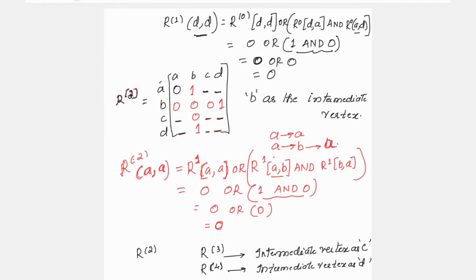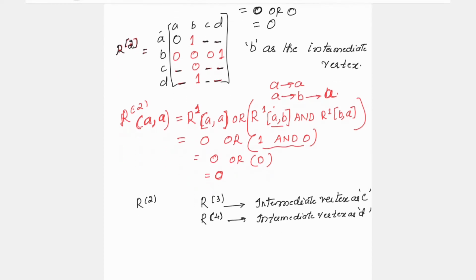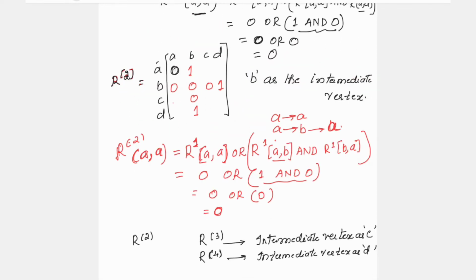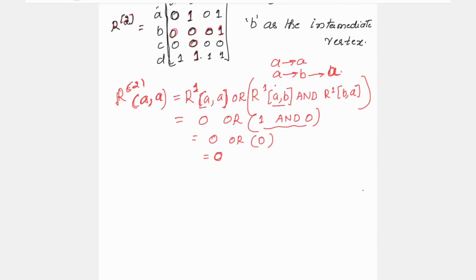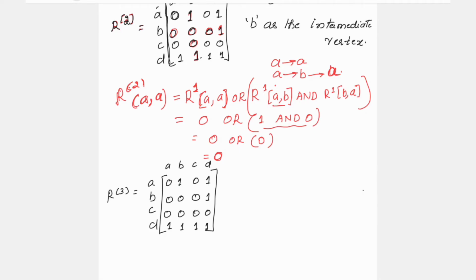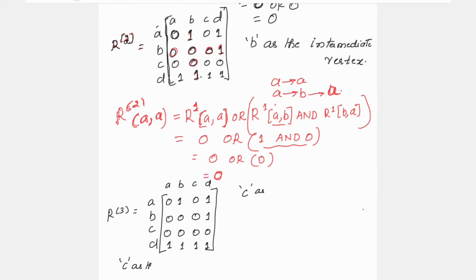Calculate the values by using these formulas. I'll write down directly the elements that are there in R2, R3 and R4. So for R2 the values are, now I'll write down the values for R3. For R3 you are taking C as the intermediate vertex.